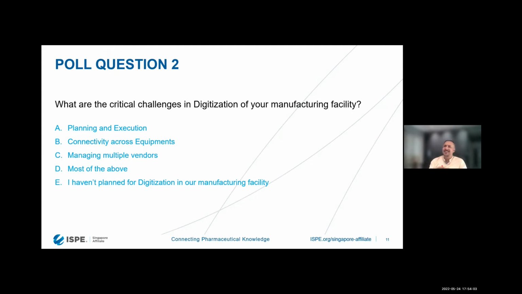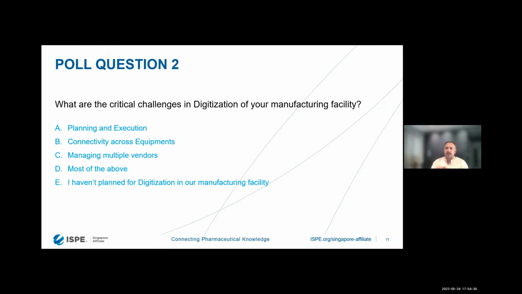Okay, great. The result that we got is around 15% say that their critical challenges are around the connectivity across different equipments. About 8% mentioned managing multiple vendors, and then 77% mentioned most of the above.